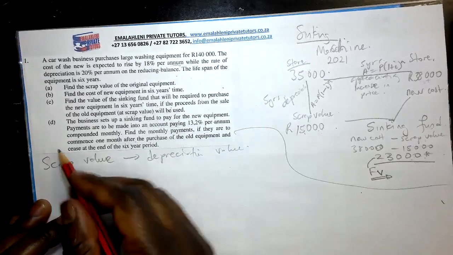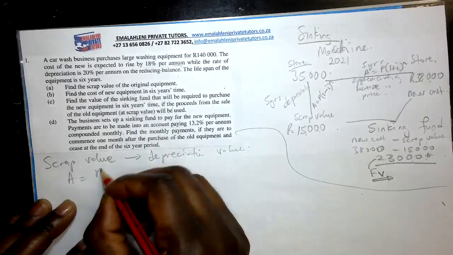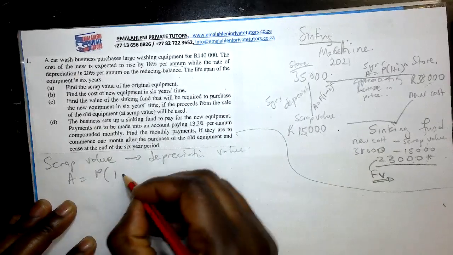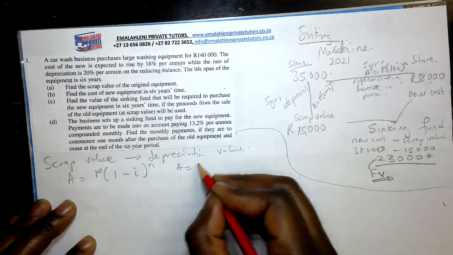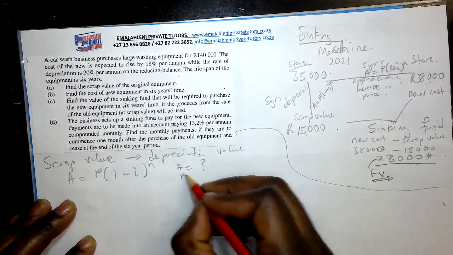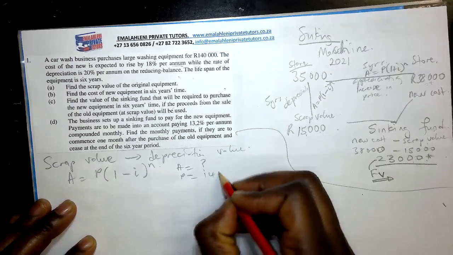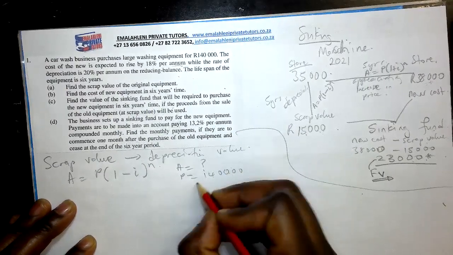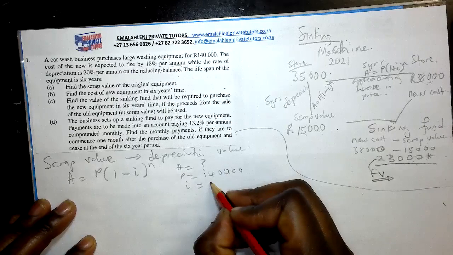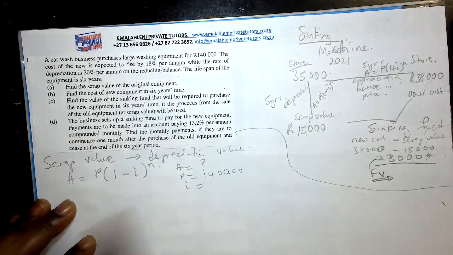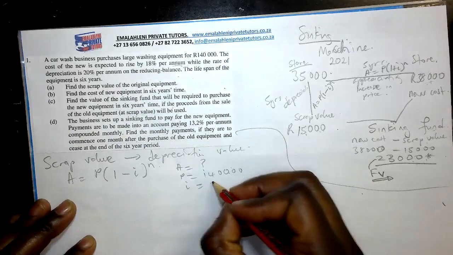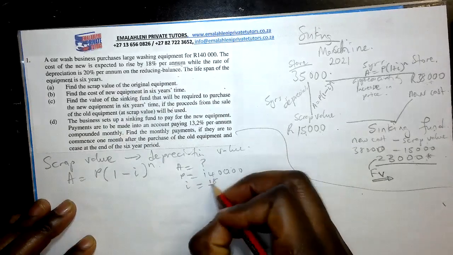Then what do we do now? A equals P(1 minus i) to the power of n. What is our A? We want it. What is our P? We have it, 140,000. What is our i? Per annum is compounding yearly, so it's going to be 18 over 100.